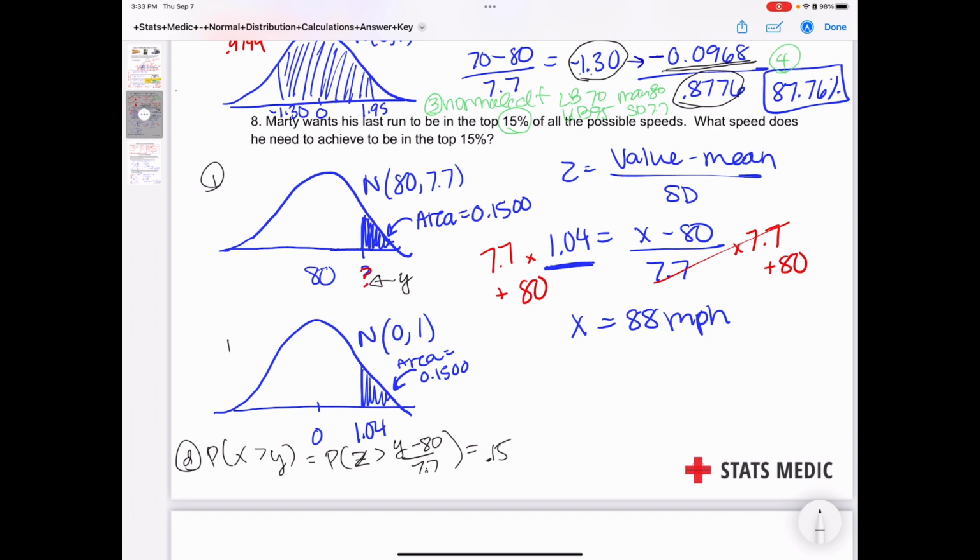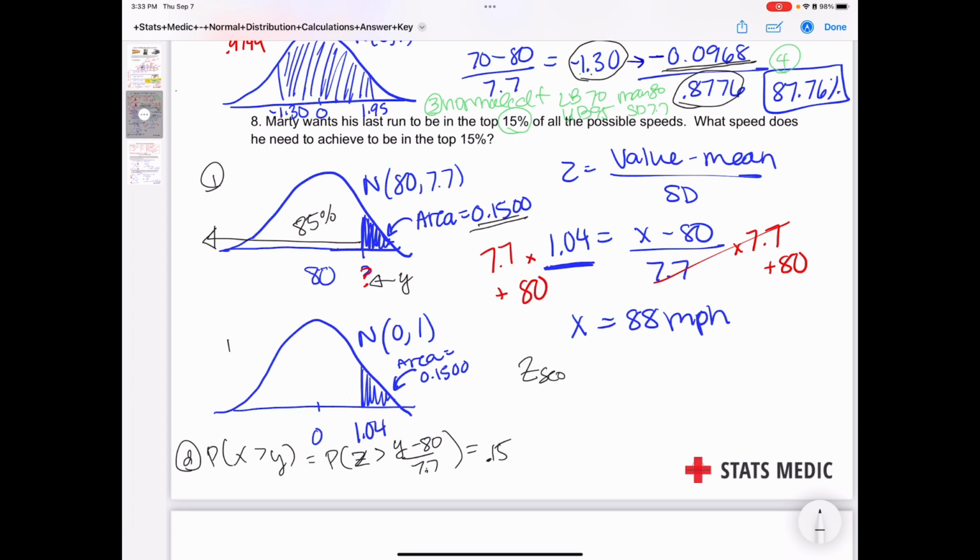All right, so step 3, for z-scores, you're going to look up, since this is 15%, we know this here, remember, is 85%. And your z-score chart, remember, shades from the left. So you're going to look up a z-score for 85%.